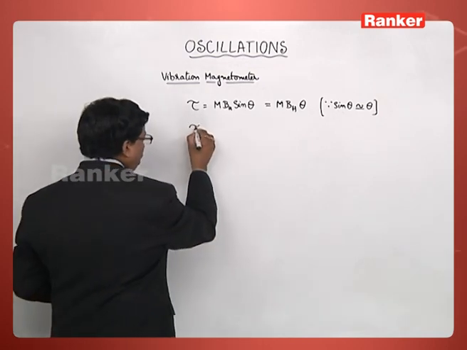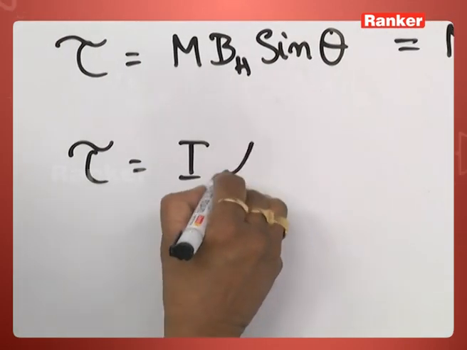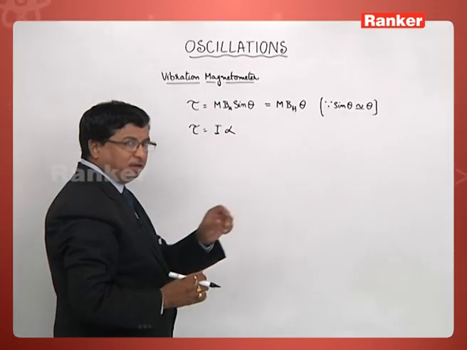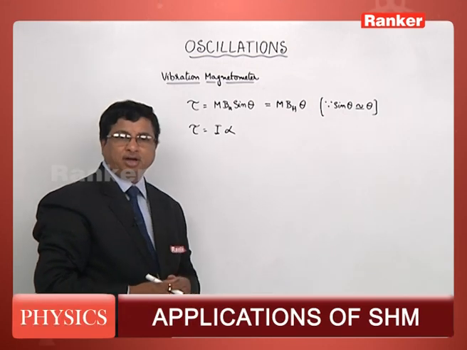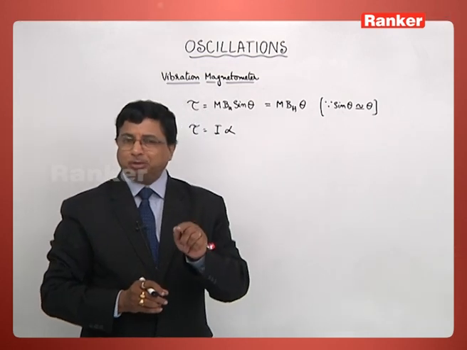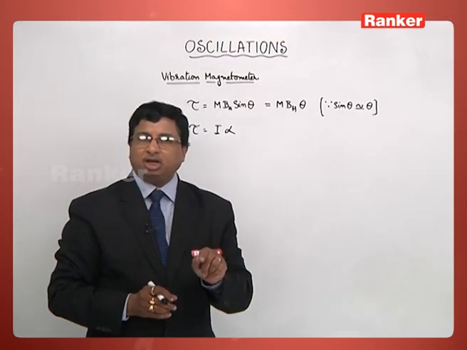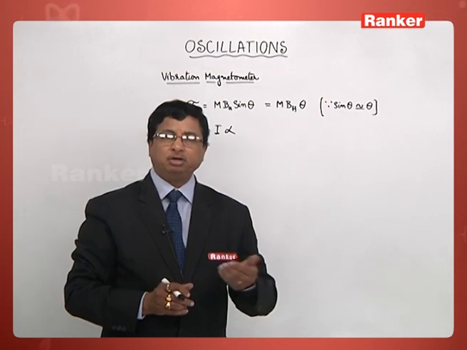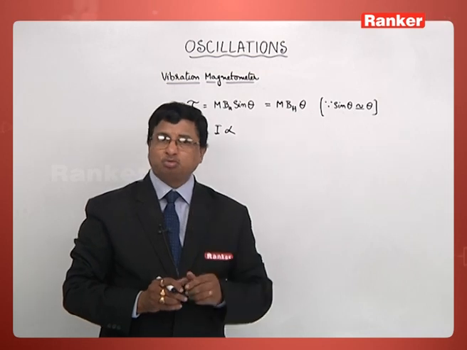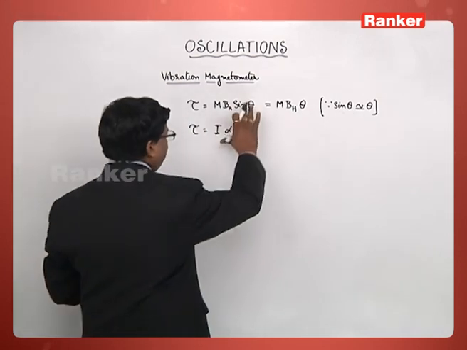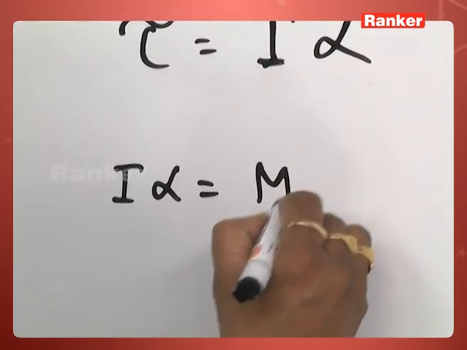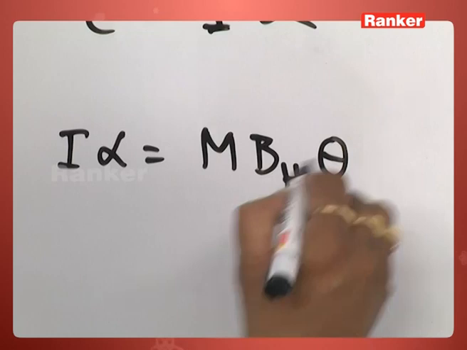But the same torque we can write as I alpha as well. I is the moment of inertia of the magnet. Usually magnets are rectangular in shape. So M into L square plus B square by 12 is the formula for the moment of inertia of the magnet. If you equate these two values, I alpha now becomes M BH into theta.